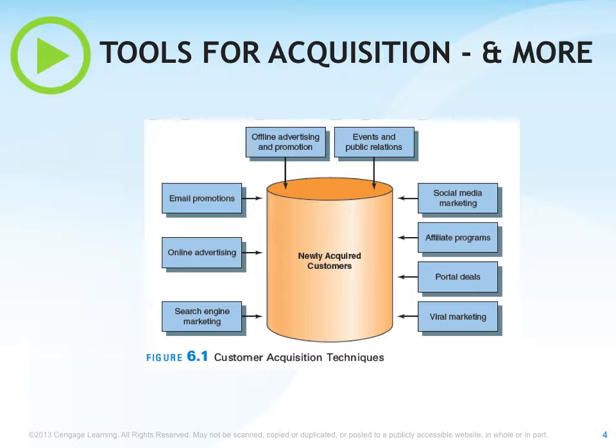So there's a multitude of tools for acquisition, and I'm just going to read off a couple of these. You're all familiar with online advertising, social media marketing, offline advertising and promotion, viral marketing, and so on and so forth. What's key about this, I think, and when I look at the full-time university that I work for, and it's a small one in Oregon, they do it internally.